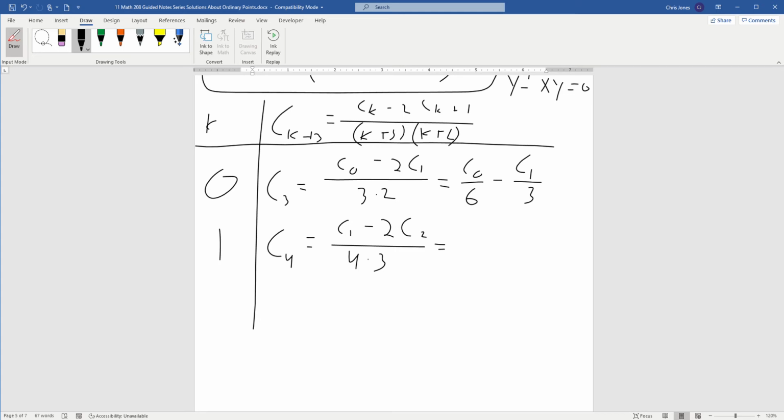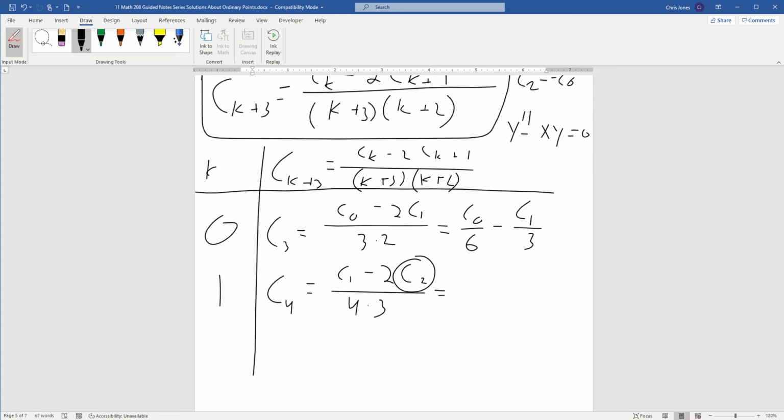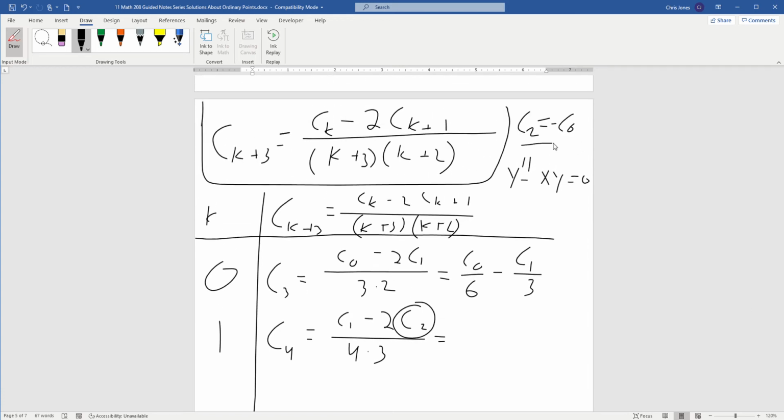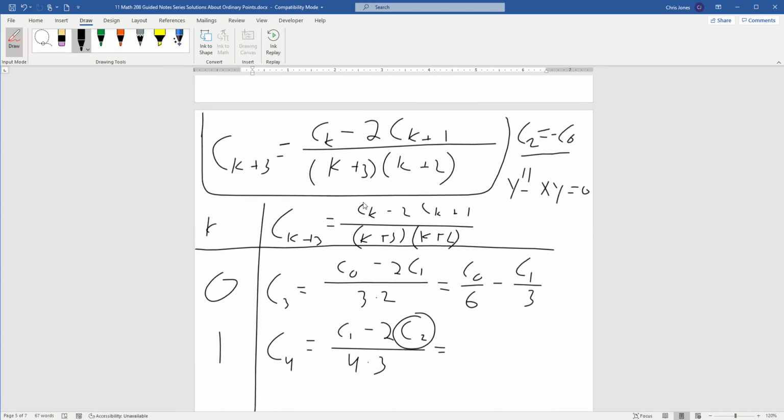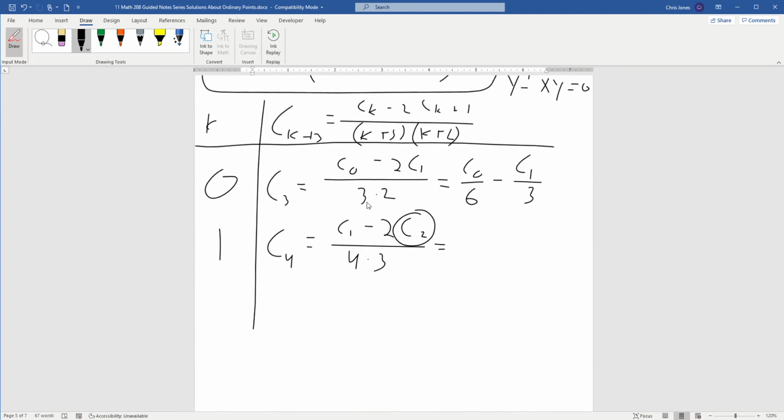But we do know that c2 is the opposite of c naught, and you might remember we found that out all the way back here, when we took off those summands from the series. So another way to rewrite this is c1 plus c naught over 12, or a third way, c1 over 12 plus c naught over 6.